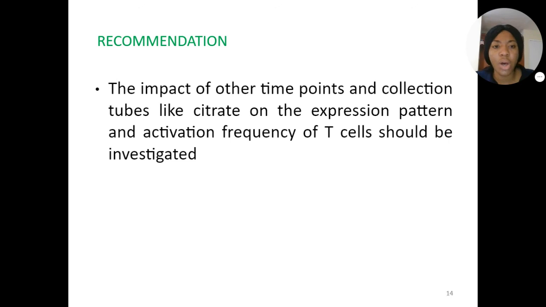And also, we would want to know how other collection tubes like citrate would impact expression frequency and activation status in this case.